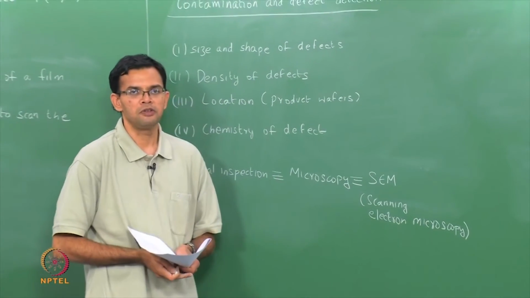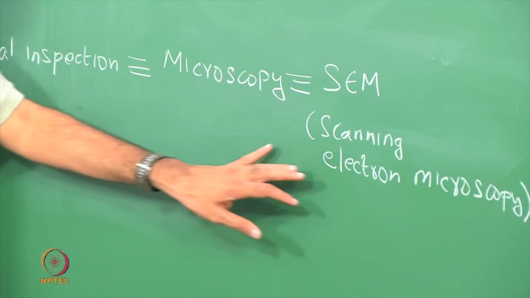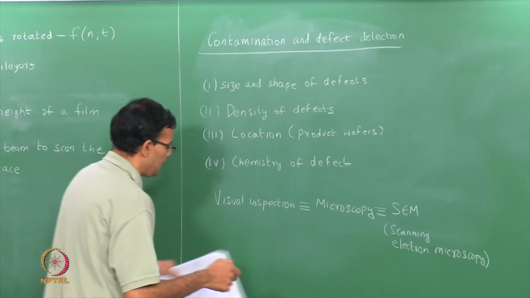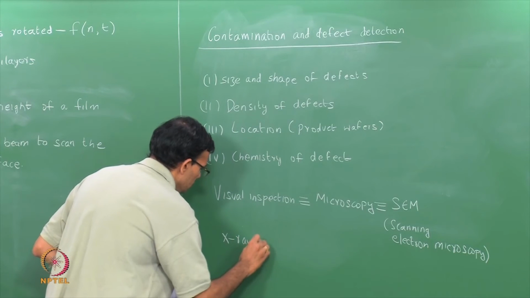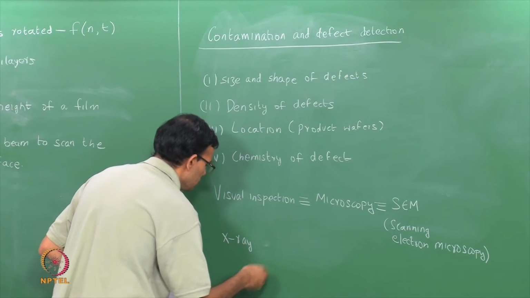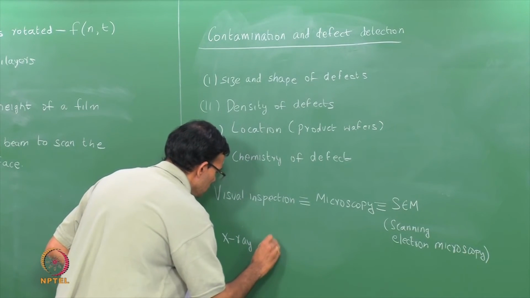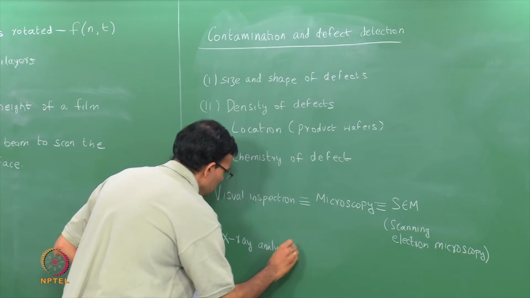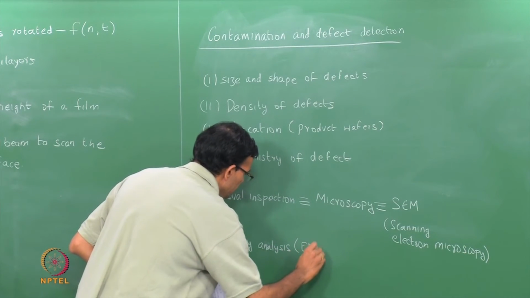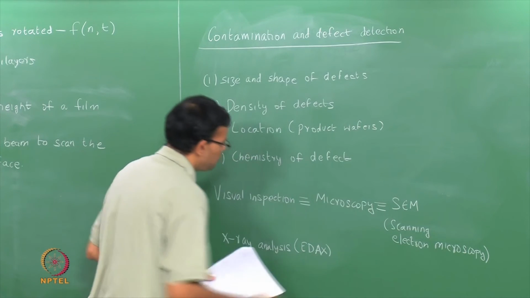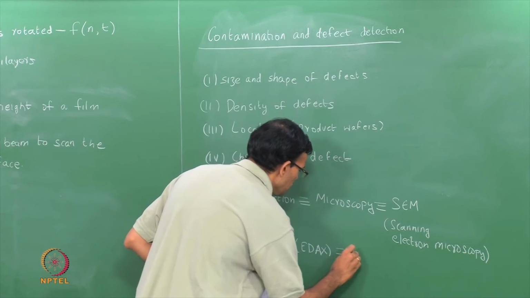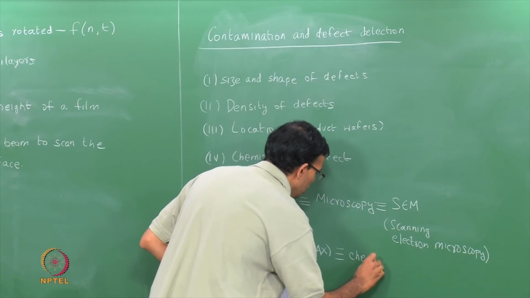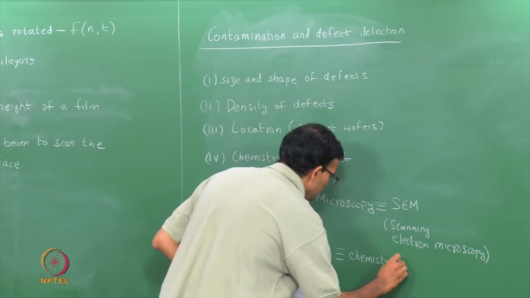We will not go into the details of an SEM, but an SEM also has an attachment for X-ray analysis. This is called EDAX, energy dispersive X-ray analysis, and this can be used to get information on the chemistry of the defects.